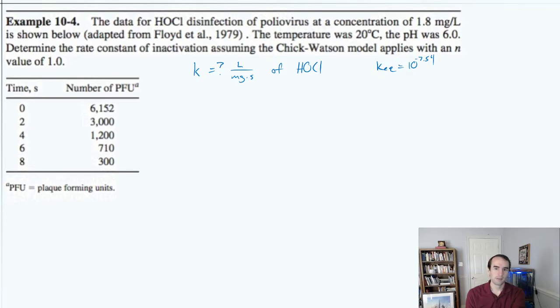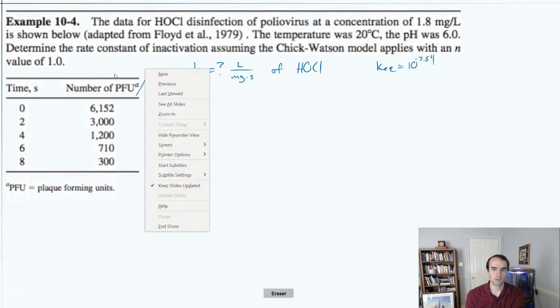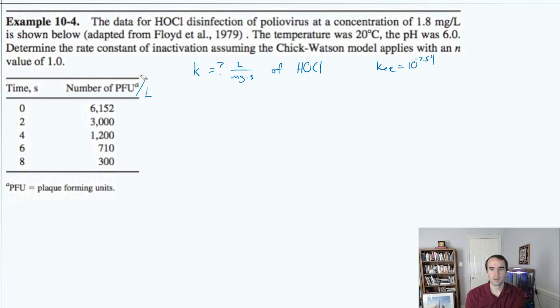Now this is not per liter, but it doesn't really matter. We could either assume this test was in 1 liter, which would be a fine assumption, or we could just ignore it altogether, because really what we're looking at is the rate of change of those numbers. So what we have here is the time and the number.